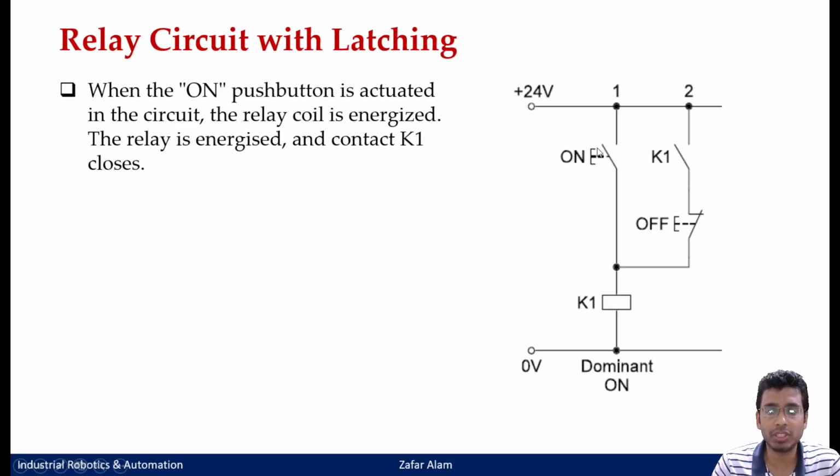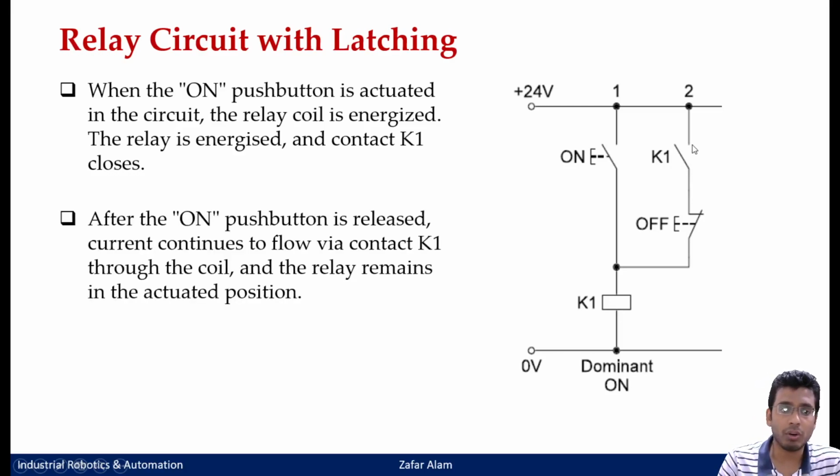If you just momentarily engage this ON circuit, you push it and leave it, then the K1 relay is energized, and once K1 is energized, its open contact here also energizes and closes, becoming a closed contact.